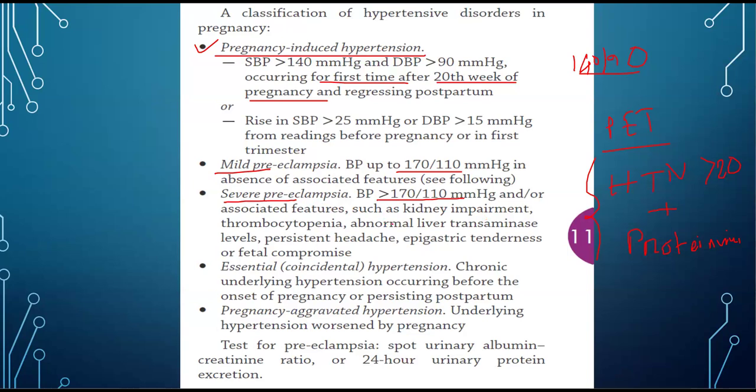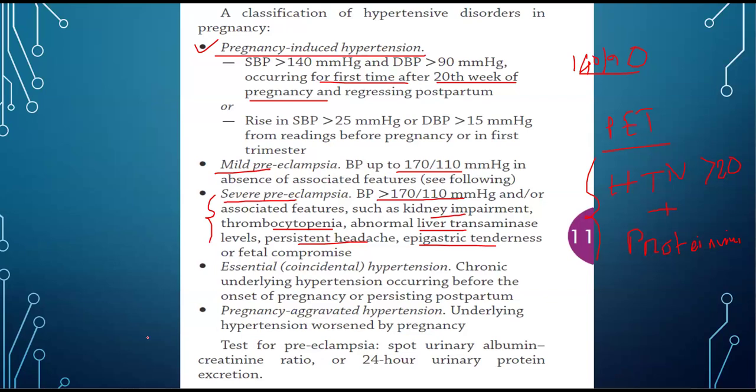Along with that, there are complications, like the patient has kidney impairment, their platelet count has gone down, the liver enzymes have gone up, persistent headache, epigastric tenderness. Any of these complications makes it severe preeclampsia immediately. So that's mild and severe preeclampsia. It's mainly based on how bad the hypertension is, and also depends on the features.